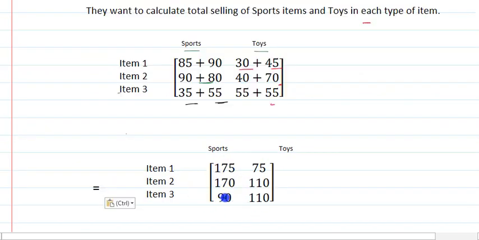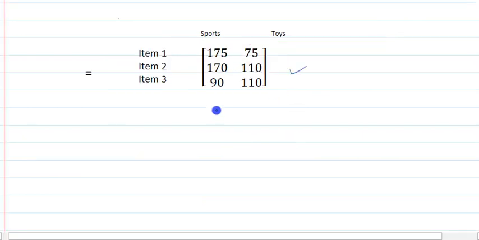This matrix now gives us how many total items were sold in sports and toys in a week.